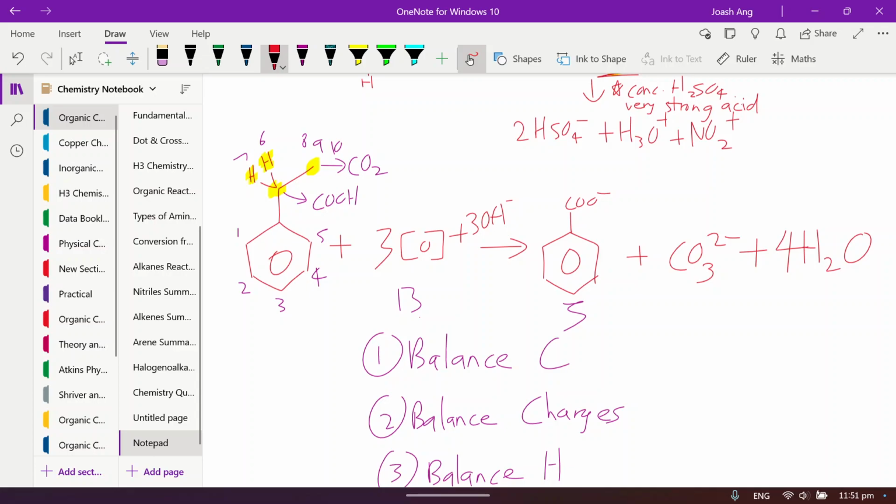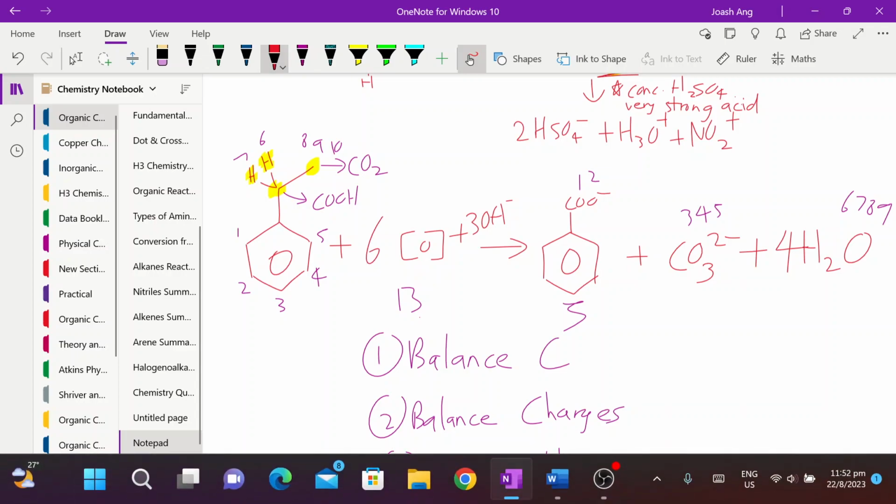Okay, wait, my bad. This is wrong. I counted the oxygen wrongly. So there's 1, 2, 3, 4, 5, 6, 7, 8, 9. 9 on the right and 3 on the left. So we will need 6 more. Okay? So this is how you balance the equation.